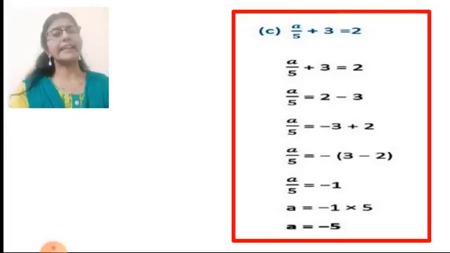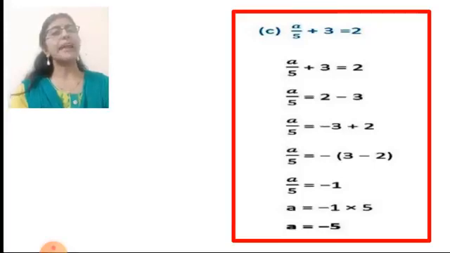Now you can rearrange this by writing minus 3 first. So we'll write a upon 5 is equal to minus 3 plus 2. And then we will take the minus sign outside the bracket. If you don't take the minus sign outside, you can also work it out directly. Otherwise, you can write the minus sign outside the bracket and write the numbers like this.